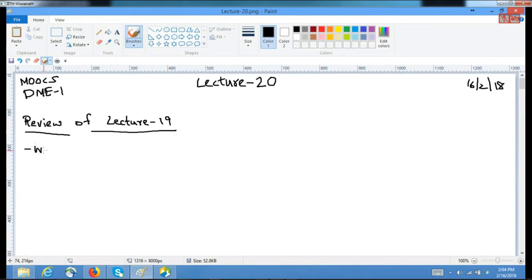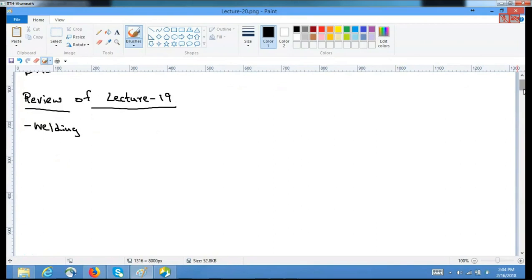We talked about welding being a process in which two materials are joined either by heat alone or by heat plus pressure application. Based on that, we also talked about the advantages of welding over riveted connections or other kinds of things.